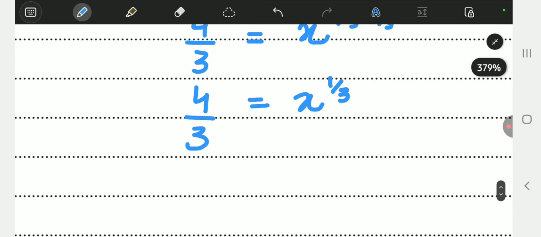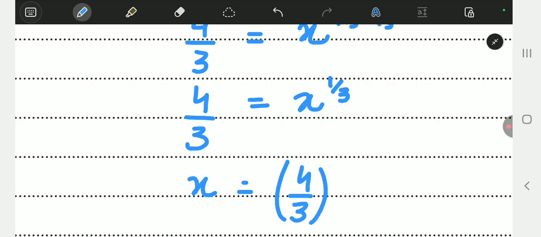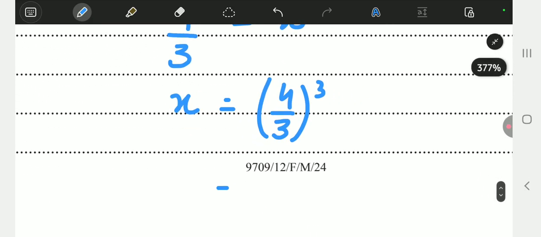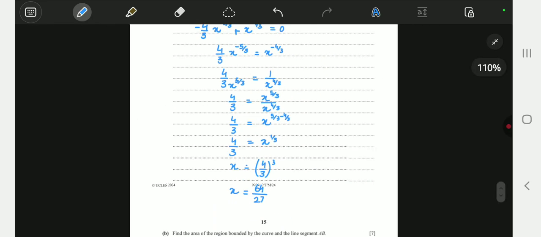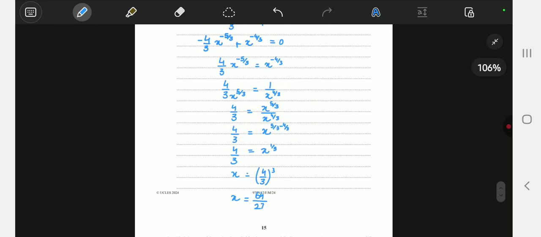When you take the cube on both sides, x equals 4 over 3 cubed. 4 cubed is 64 and 3 cubed is 27. So x equals 64 over 27.